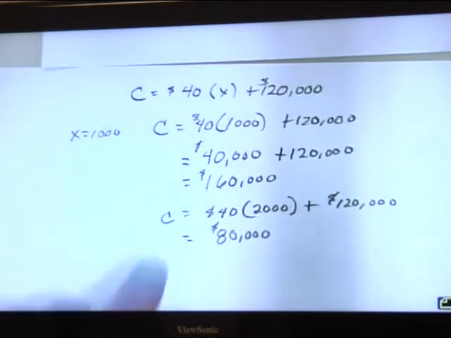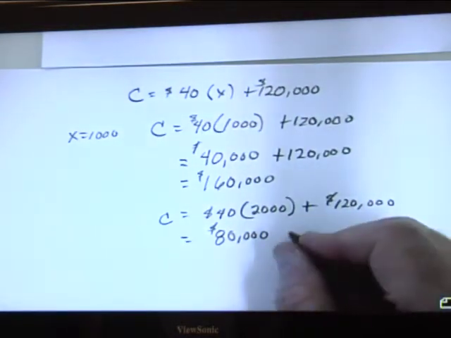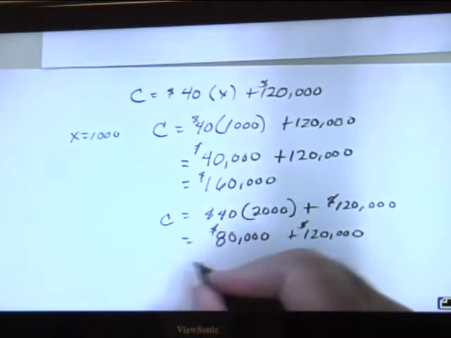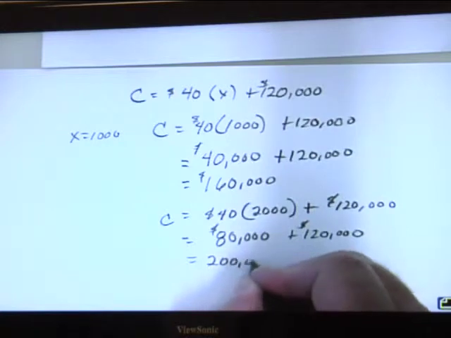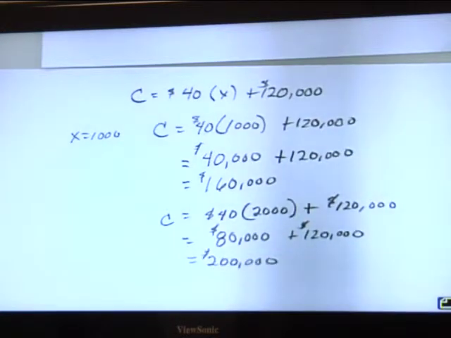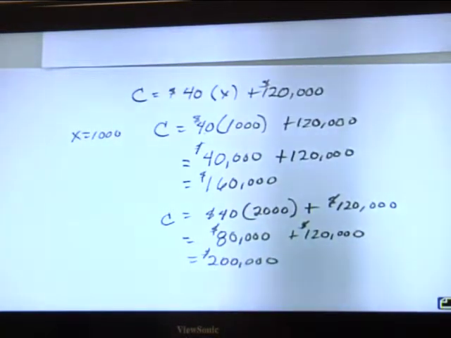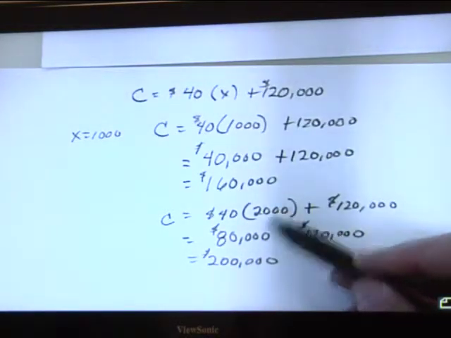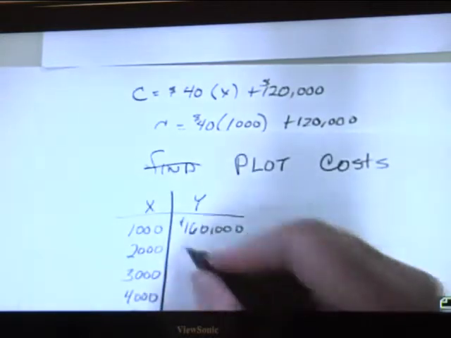Y'all have calculators? Y'all going to get them if you don't. Plus $120,000, well, that's equal to $200,000. And so we're going to put this on our table. When X is 2,000, Y is 200,000.